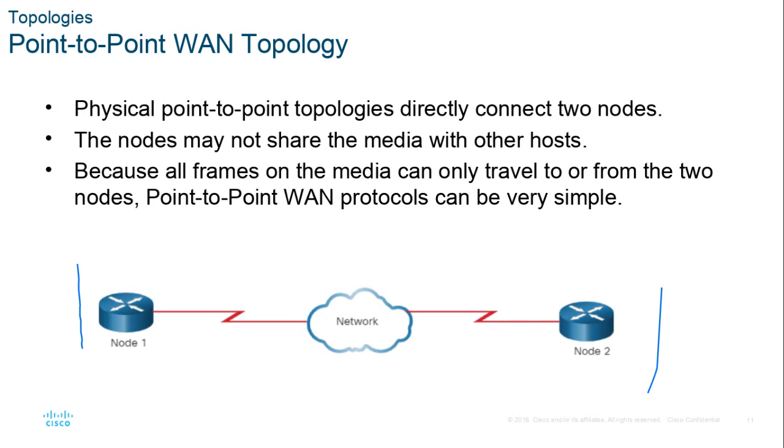So the protocol can be very simple. Anything that node 1 sends out, node 2 will hear, and anything that node 2 sends back to the west, Fort Worth will hear. So in WAN topologies, the identification is essentially eight ones. It doesn't matter. Anything you say, I hear. Anything I say, you hear.